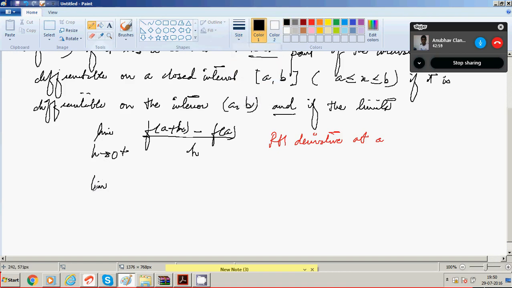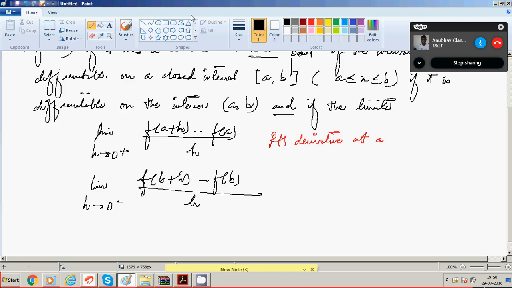Limit h tending to 0 minus of f of b plus h minus f of b over h.